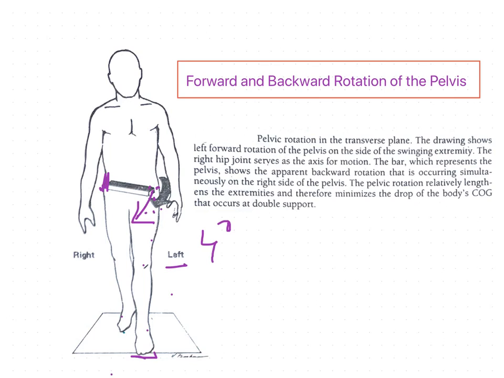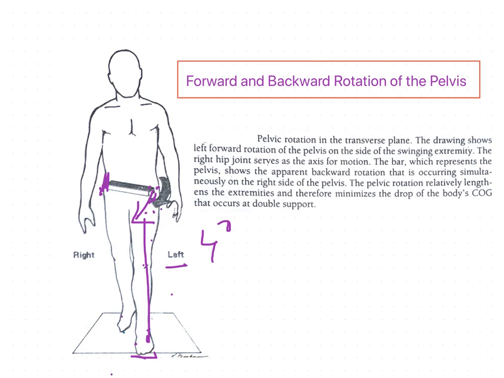The swinging lower limb is going to lengthen in terminal swing by the forwardly rotating pelvis. And the weight bearing extremity is lengthened in pre-swing by the posterior position of the pelvis.